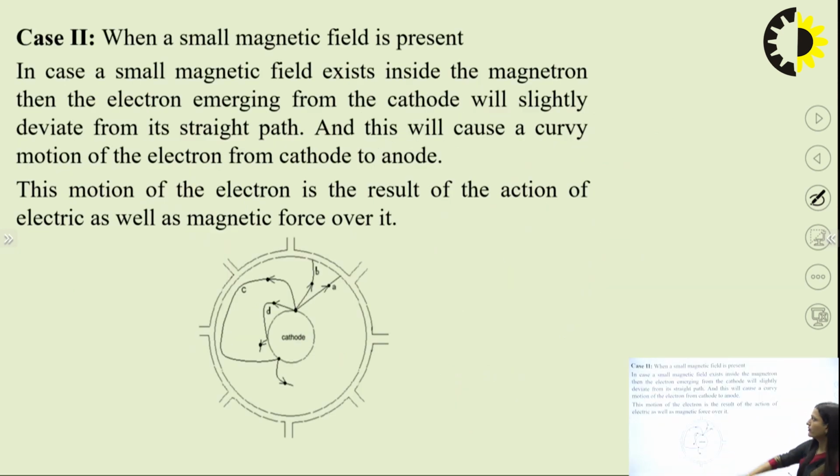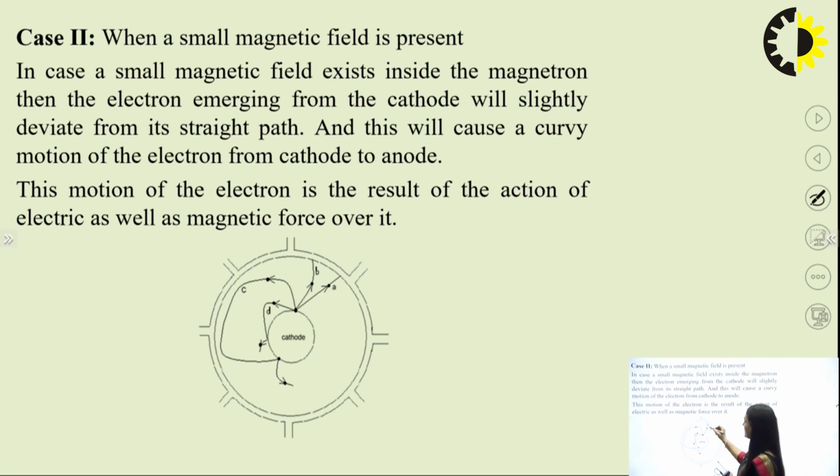So, case 2, when a small magnetic field is present. Now, in this space some magnetic field is present. So what will happen? In case a small magnetic field exists inside the magnetron, the electron emerging from the cathode will slightly deviate from its straight path.